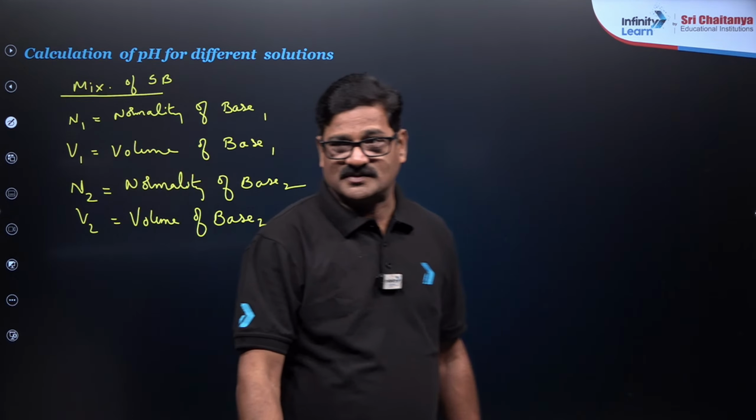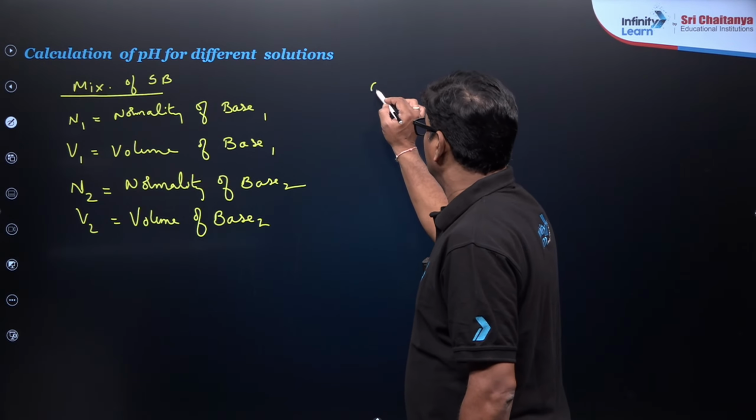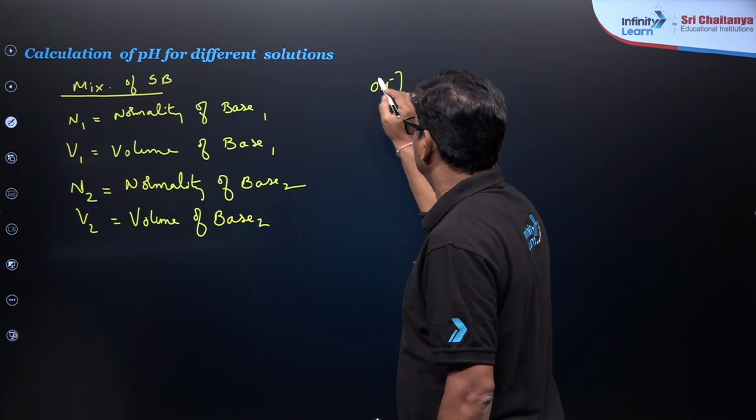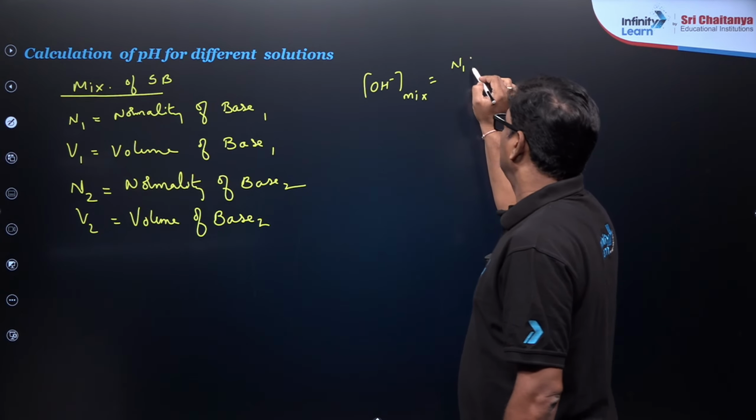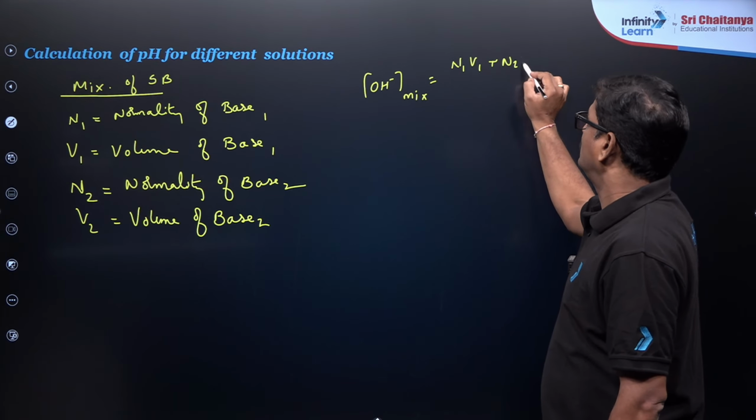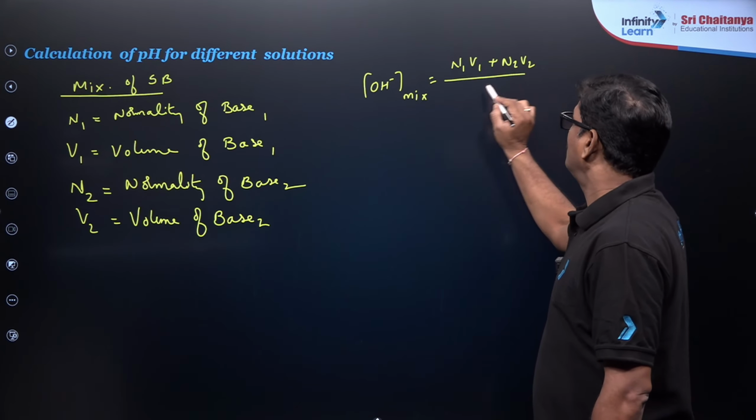When these two are mixed, the OH minus ion concentration of the mixture is going to be N1V1 plus N2V2 upon V1 plus V2.